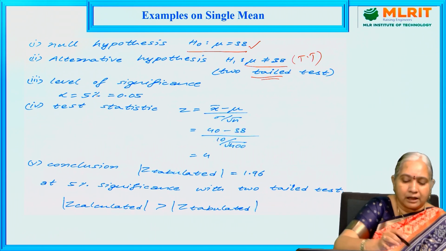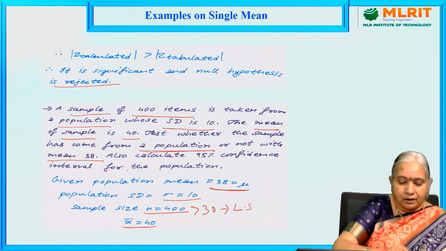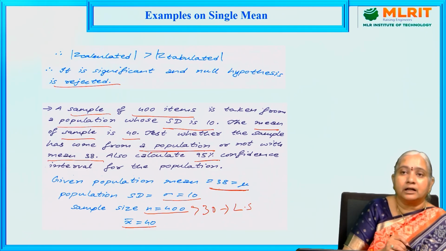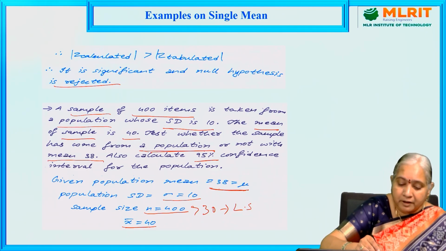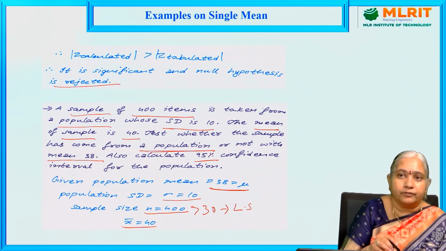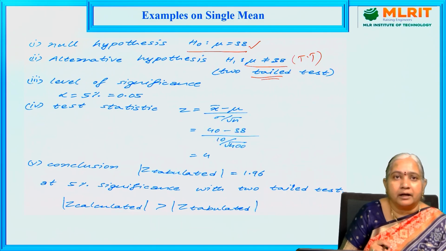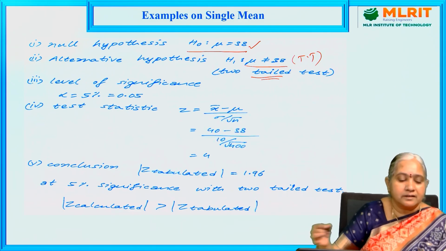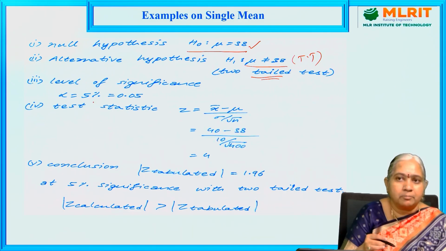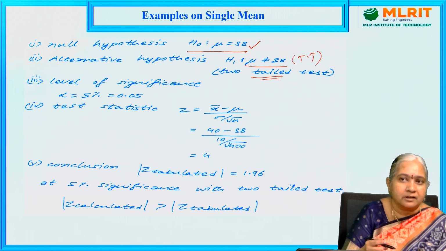So here the level of significance also. We also have to calculate the 95% confidence interval. That means 95% is the confidence and the remaining 5% is the error. So error is denoted by alpha, which is 5%. That is the level of significance, denoted by alpha.